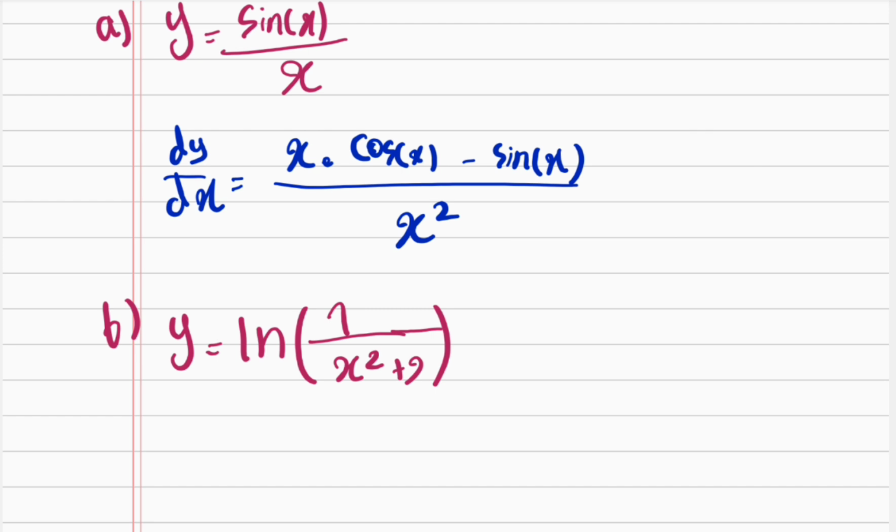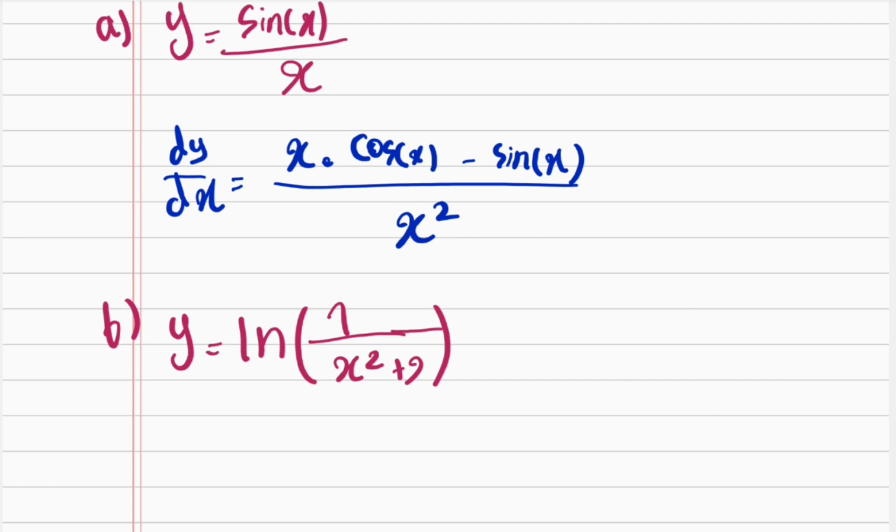So that means in order to differentiate this, the fraction that we are going to have, its numerator is going to be the derivative of 1 over x squared plus 9, and then its denominator is just going to be 1 over x squared plus 9.